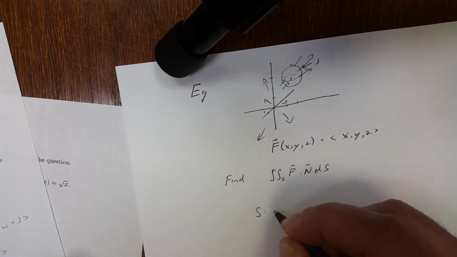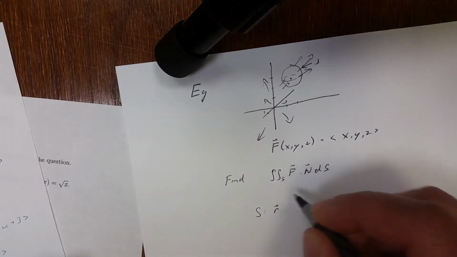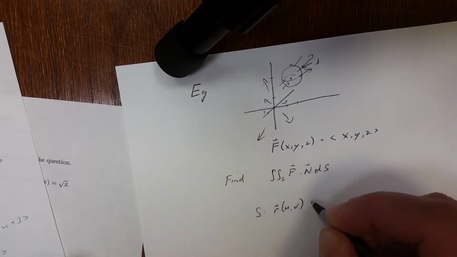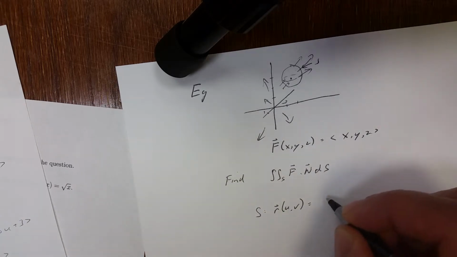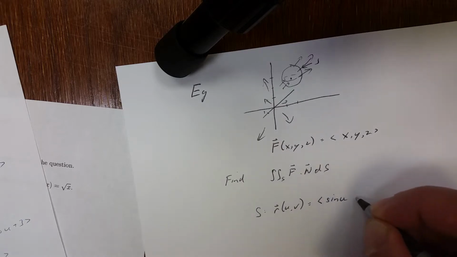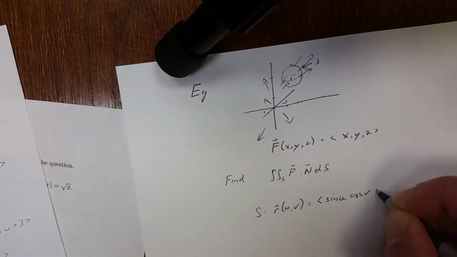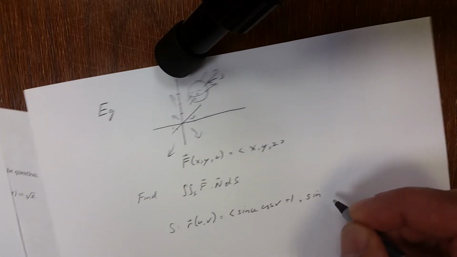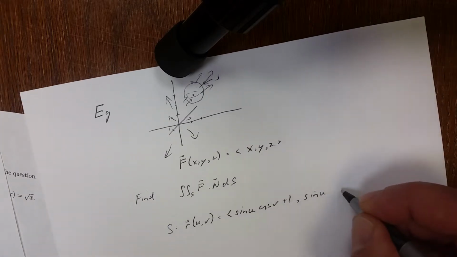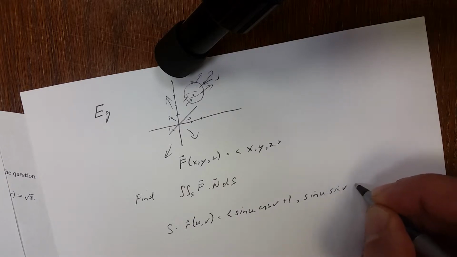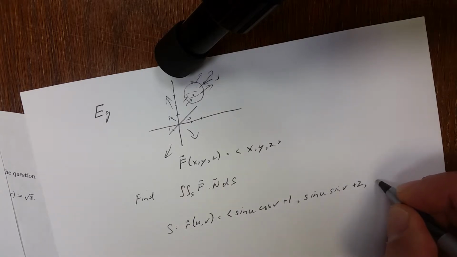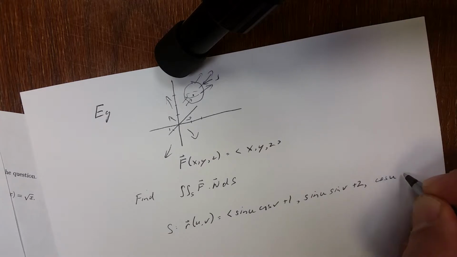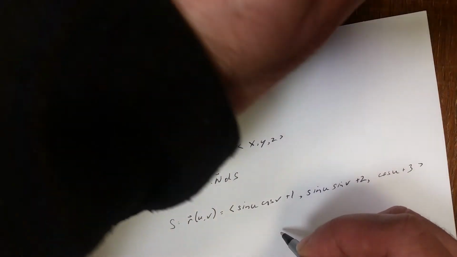So we can write this as R of u, v equals sine u cos v plus 1, sine u sine v plus 2, and then we have cos u plus 3.